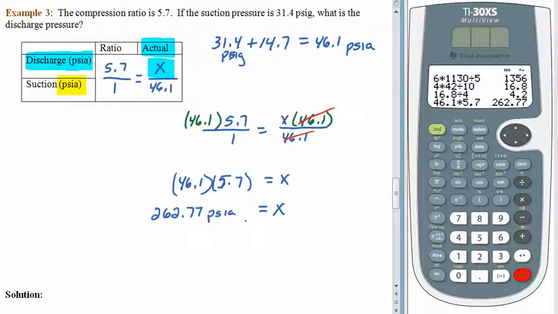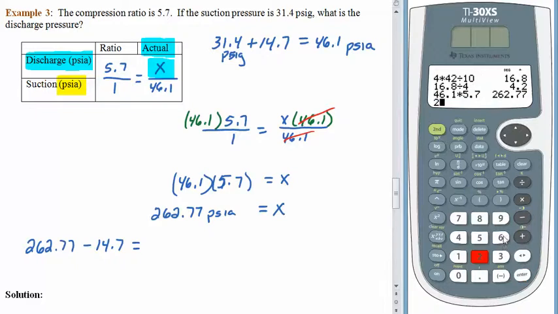We should probably turn that back into psig since that's the way they gave us the information. So 262.77 psia minus atmospheric pressure 14.7 gives us, oh gosh, I don't know, 262. I should probably be able to do this without a calculator, but I haven't had a sip of coffee in a little while, so better safe than sorry, I guess.